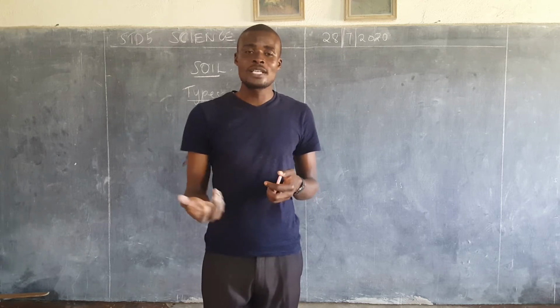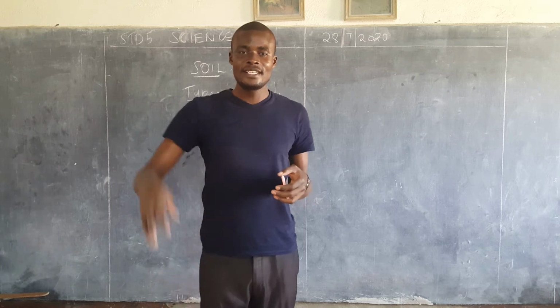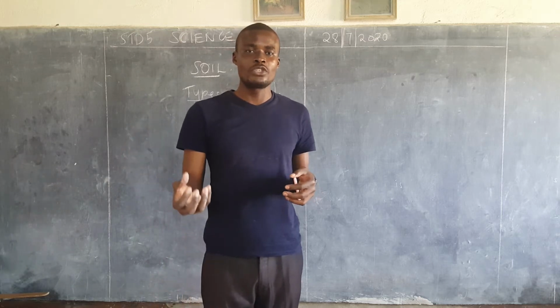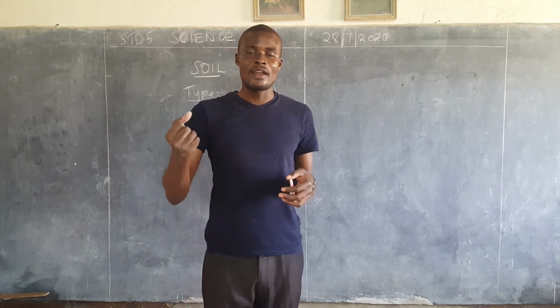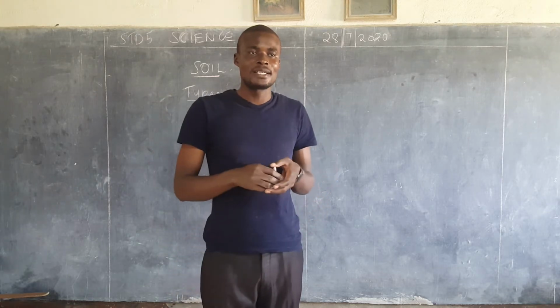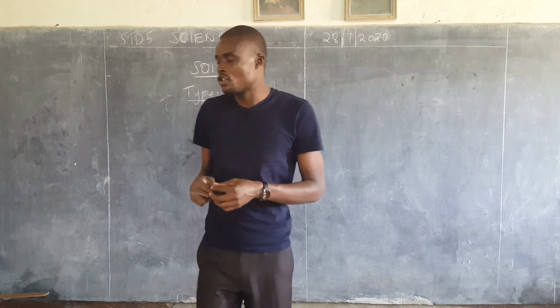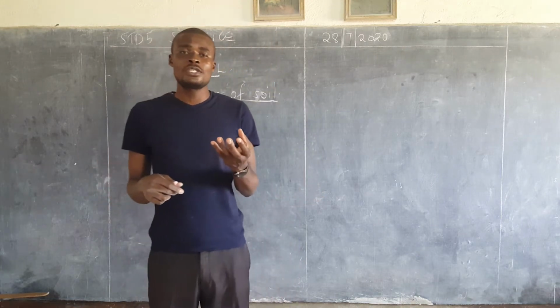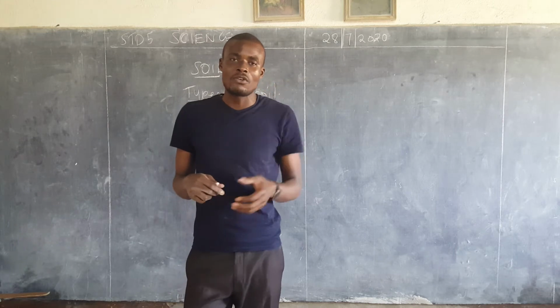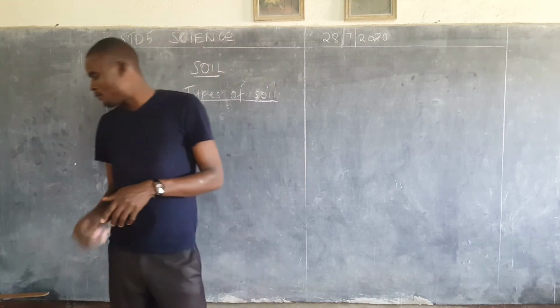The interior part of the earth is normally hard. It contains gravel and even rocks down here. But on the uppermost part, we have the loose part that is normally called the soil. That is the definition of soil.